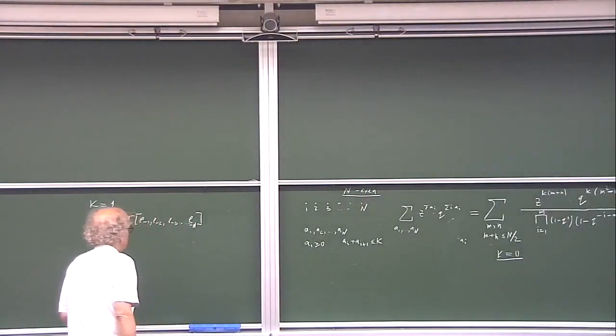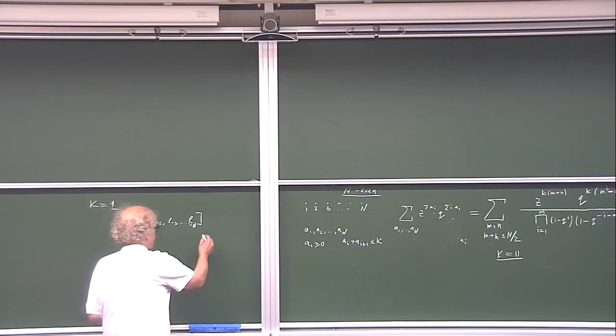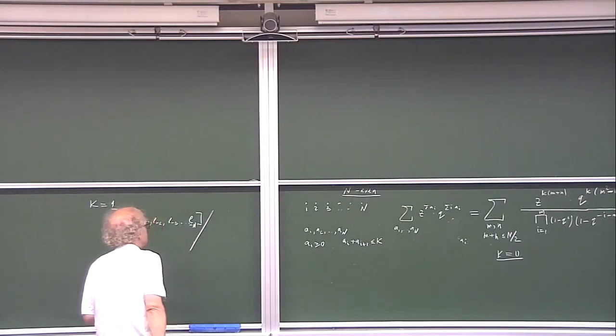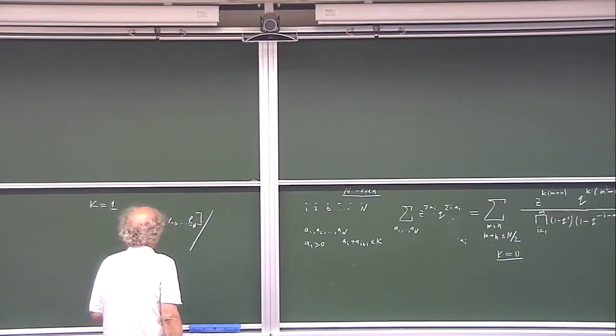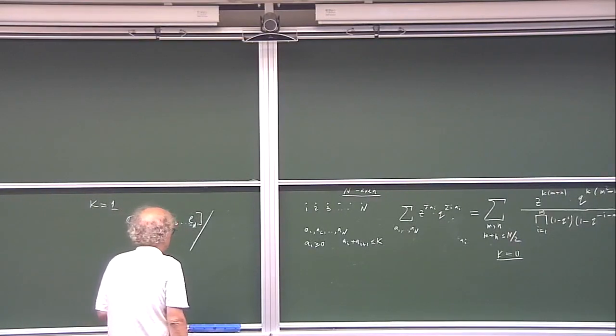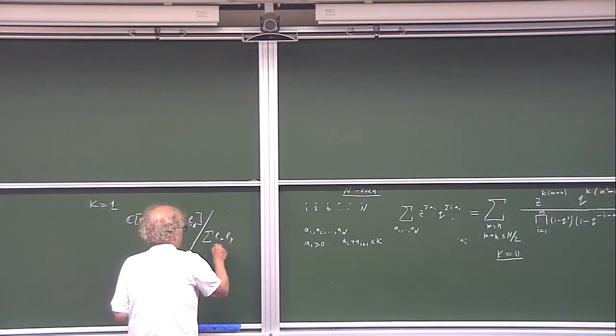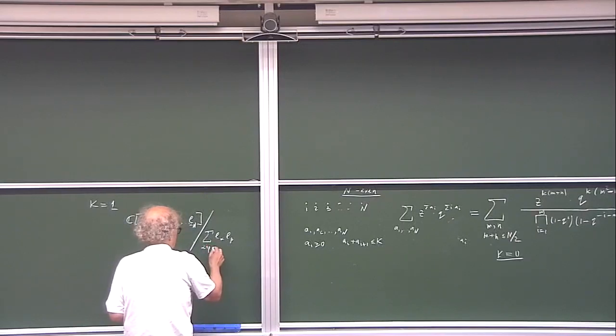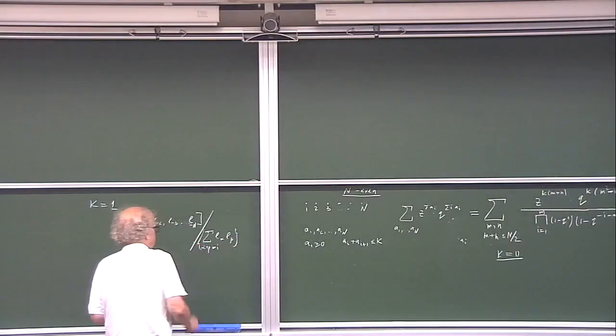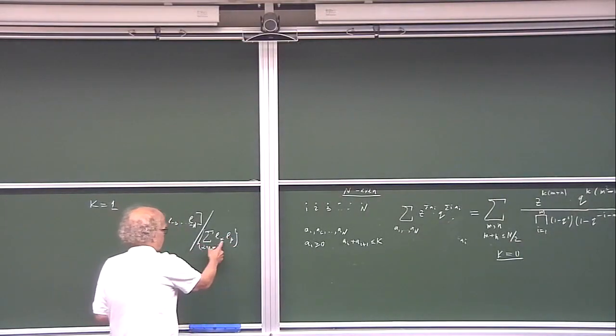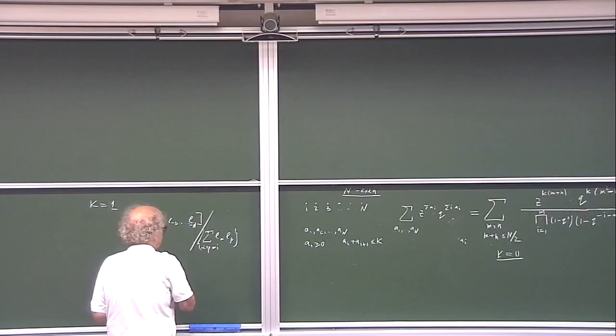I have a polynomial ring in just n variables, and after that I factorize it by quadratic relations, and such quadratic relations are the sum of E alpha, E beta, where alpha plus beta is equal to some I. Here alpha and beta are from here.